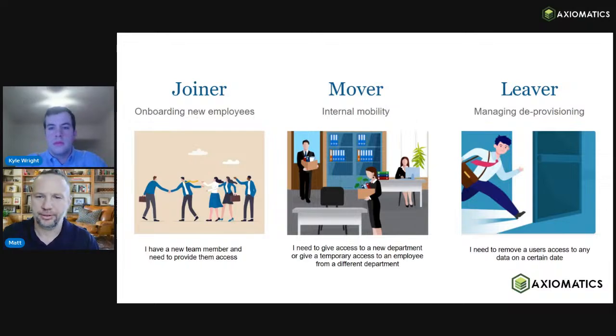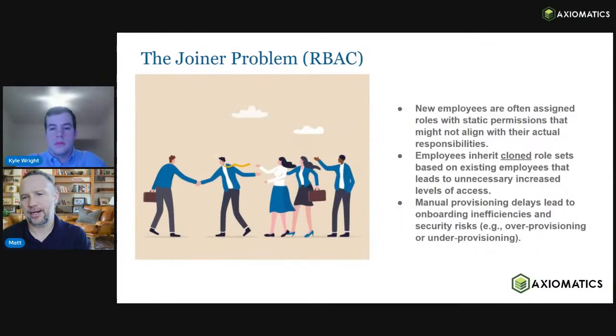So what does all that look like? I want to start with the joiner problem, and I want to step you through the process that typically happens. As you'd imagine, the hiring process goes well. Eventually that person that you've selected says yes, they do want to join the company.